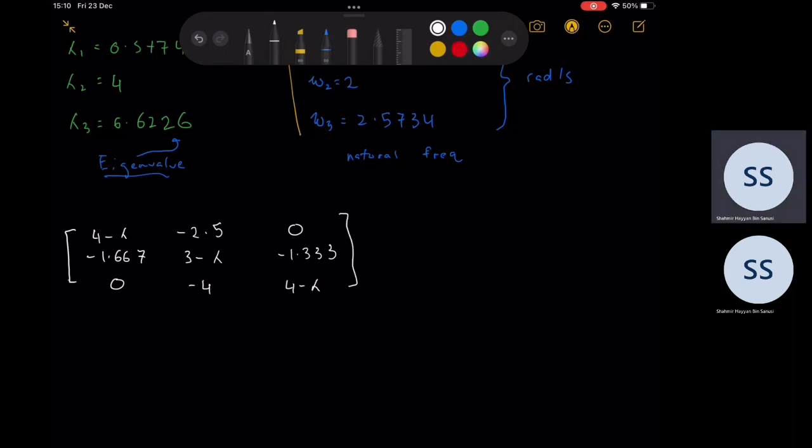This is our matrix A, and our matrix V is V1, V2, and V3. All of this is equal to 0.